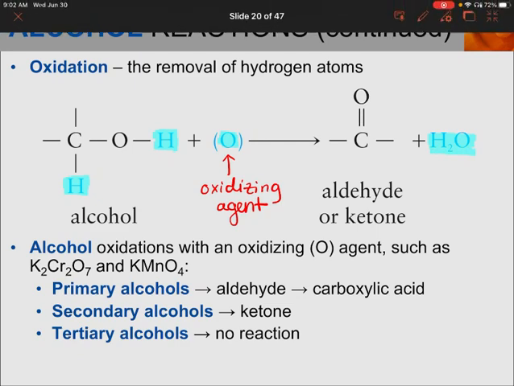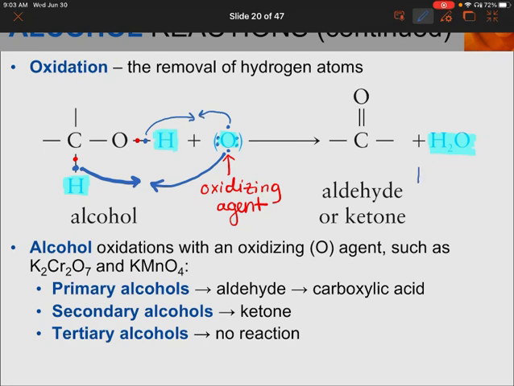So what's really happening here, let's just draw some electrons. And we'll draw a couple of electrons on oxygen as well. And then we'll draw some electrons that will create our double bond. Okay. So the oxygen is going to form a bond with the hydrogen from the oxygen on our alcohol, and then it will also form a new bond with the hydrogen from the carbon that our alcohol is bonded to.